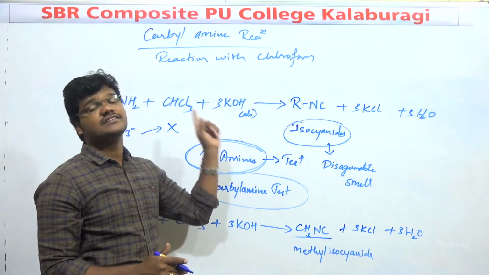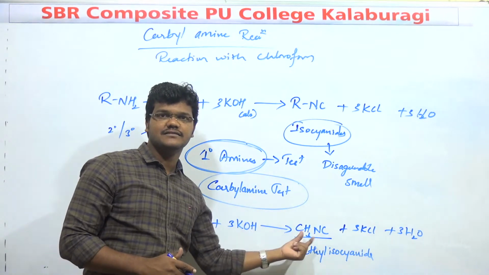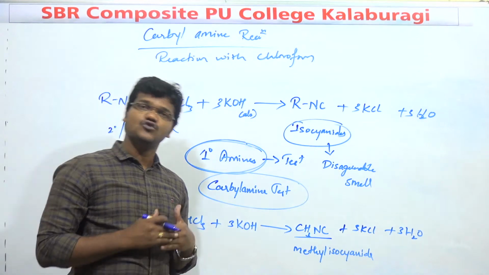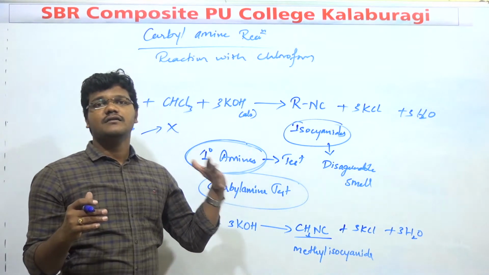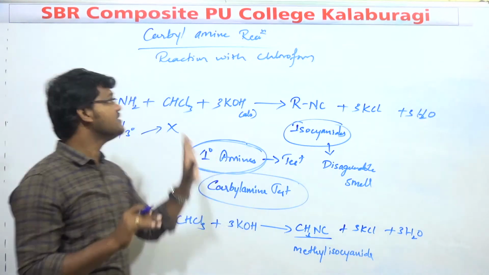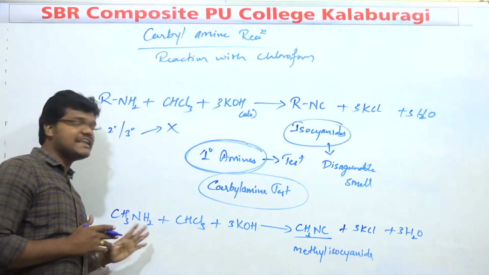That is why it is called the carbyl amine test. It is used to distinguish primary from secondary and tertiary amines. And please do remember, this test is shown only by primary amines.